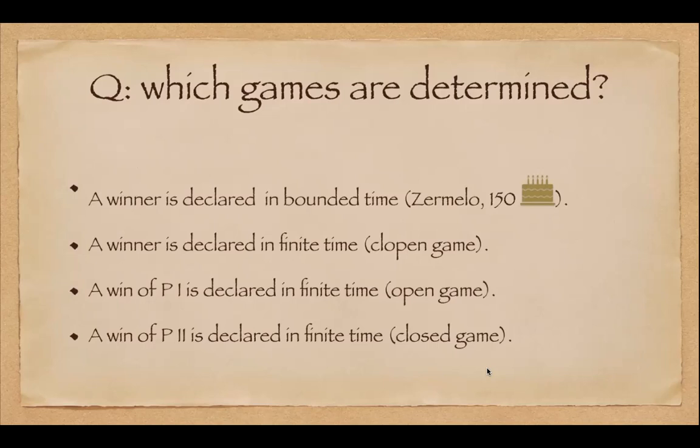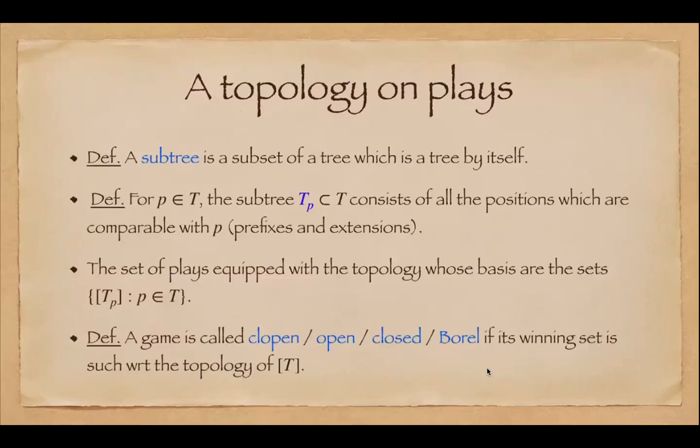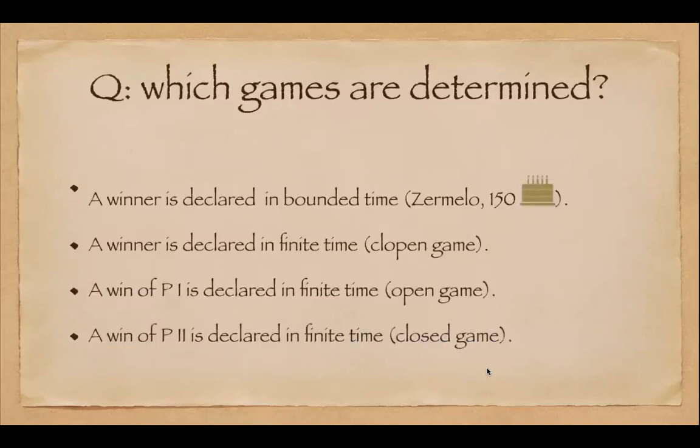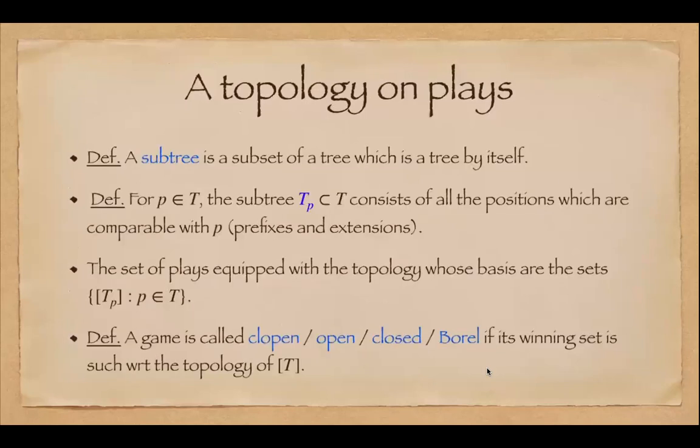All these classes of games are determined, and I'm going to prove it in this talk. Obviously, this is not the main theorem that I'm going to present. These are just warm-up statements. So now when I said open and closed, I want to define a topology on the set of plays.